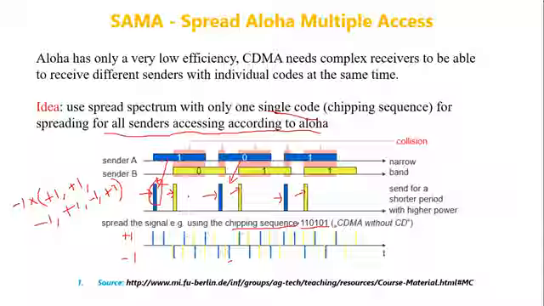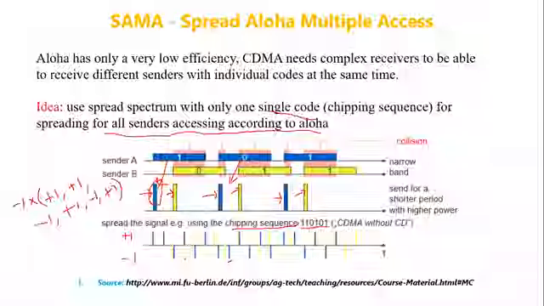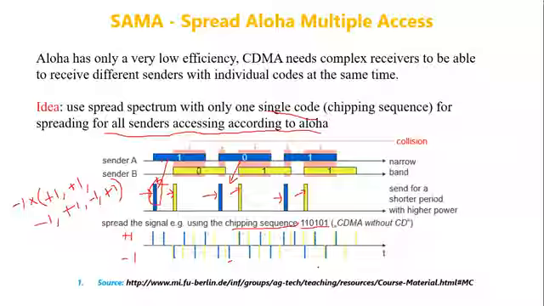Initially B wants to transmit 0. So B wants to transmit 0 means it is the same, -1 -1 +1, like that the data gets transmitted. Here the challenge is in identifying the correct chipping sequence. But here we send the signal by spreading it based on the chipping sequence.